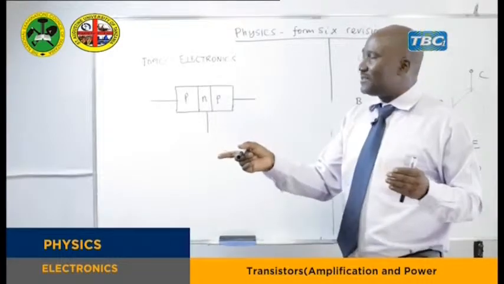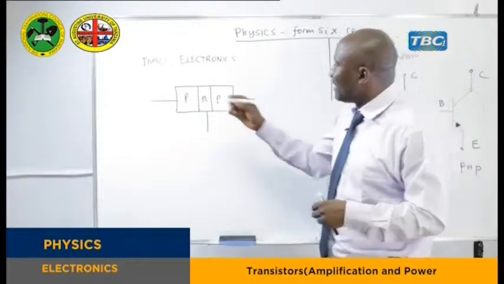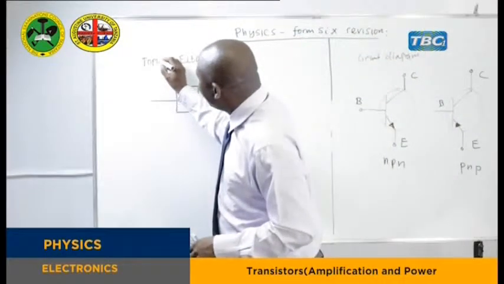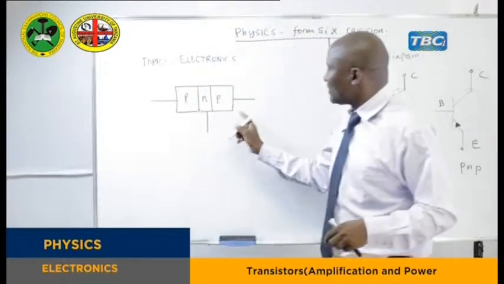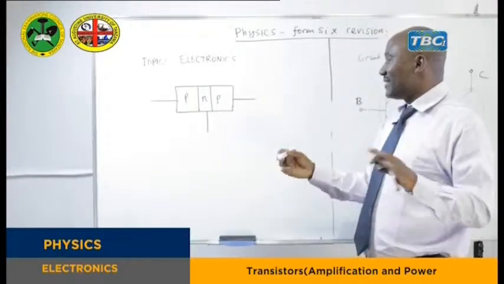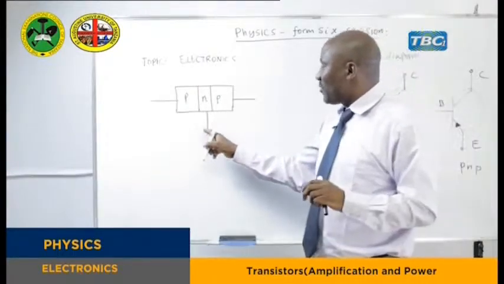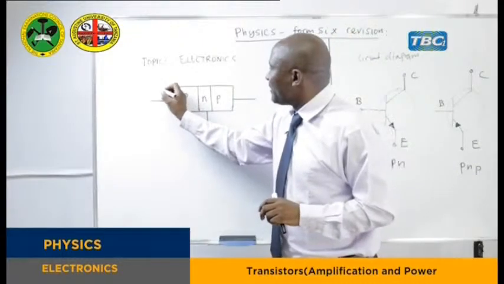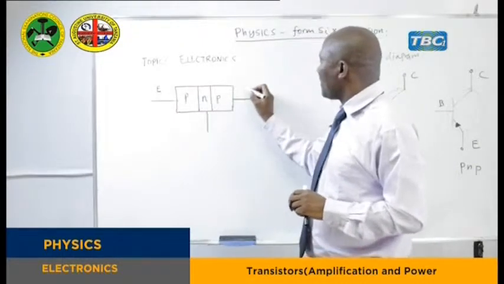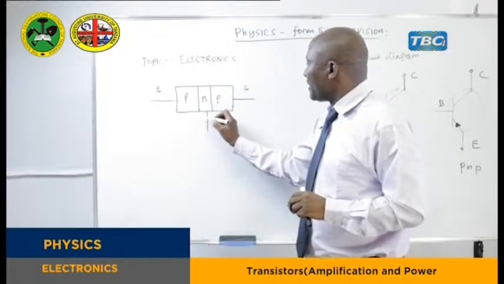So you have the input circuit and the output circuit. Here this terminal is common. This was the emitter, if you remember. This is our collector. This is our base.